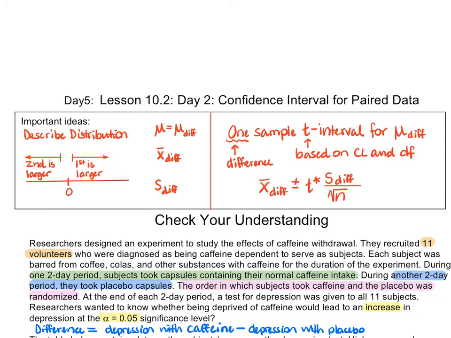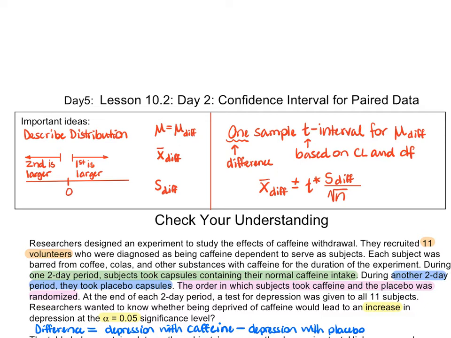Researchers designed an experiment to study the effects of caffeine withdrawal. They recruited 11 volunteers who were diagnosed as being caffeine dependent to serve as subjects. Each subject was barred from coffee, colas, and other substances with caffeine for the duration of the experiment. During one 2-day period, subjects took capsules containing their normal caffeine intake.